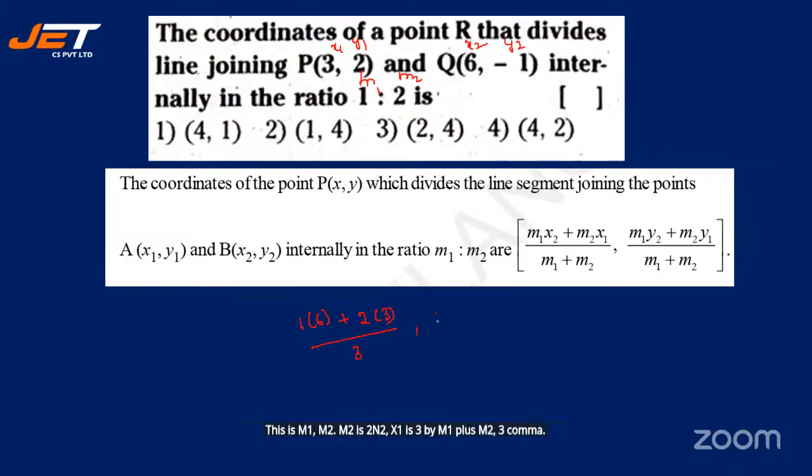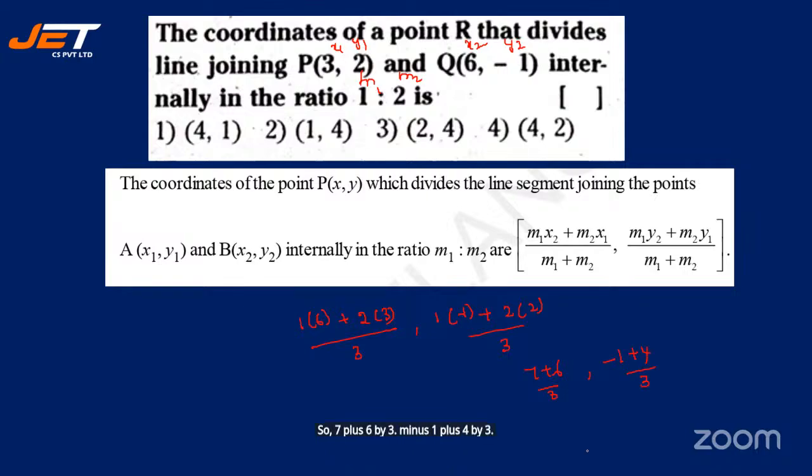What is m1? 1 into y2 is minus 1, plus m2 is 2 into y1 is 2, by m1 plus m2 is 3. So 7 plus 6 by 3, comma, minus 1 plus 4 by 3.